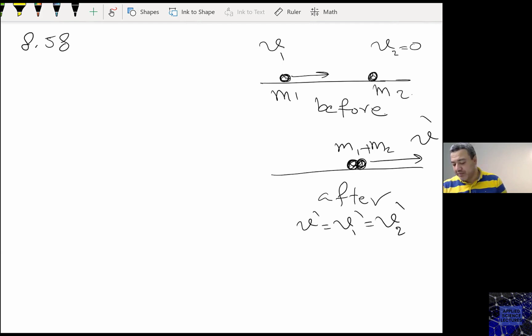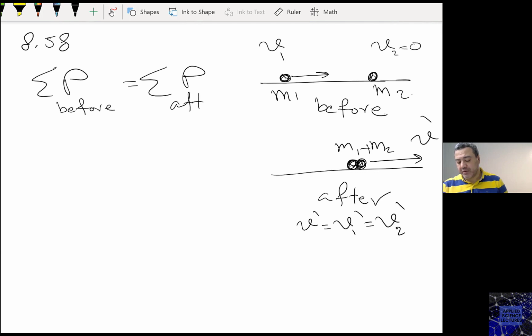Now let's put the conservation of momentum equation: sigma p before equals sigma p after. My coordinates are x, y. However, this is a one-dimensional problem, so the y components are 0. The prime is also assumed to go in the positive direction of x.